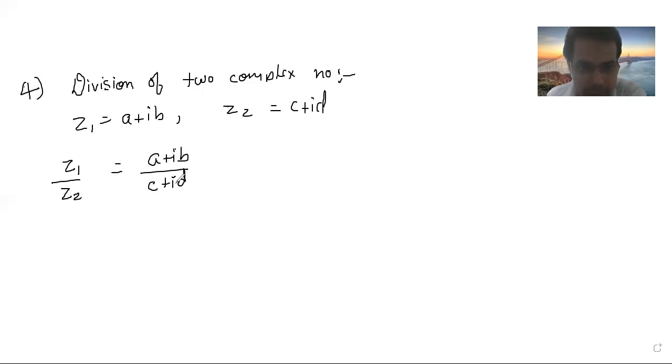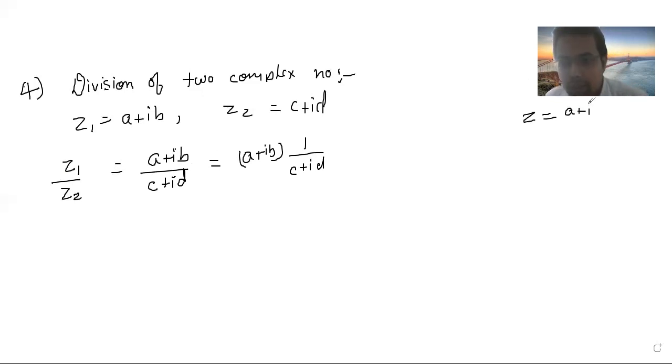Now, if you look at it carefully, it is a plus ib into 1 by c plus id. Previously we discussed that if z is equal to a plus ib, then z inverse is 1 by a plus ib.